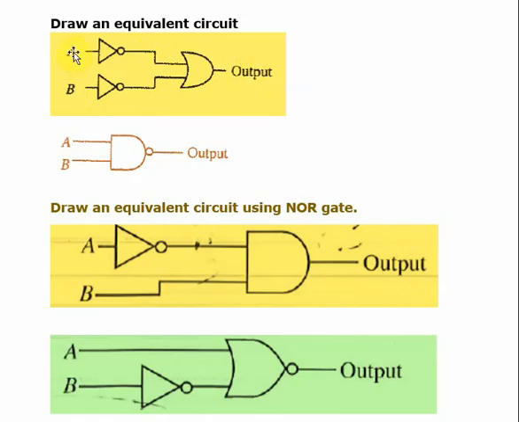So the input is 1 and 1, you are getting 0 here. Input is 1 and 1, you are getting 0 here. Immediately you can remember, right? Just compare the OR and AND gate. First take the OR gate: for all combinations you get 1, only for 0 0 you get 0.